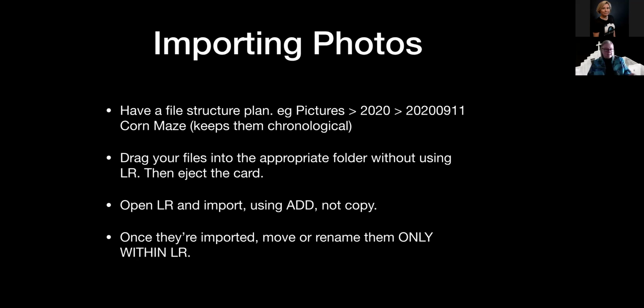It might be a corn maze, it might be a calla lily, it might be a wedding, it might be a birthday, whatever. Putting it in year, month, date helps Lightroom keep them organized in chronological order, so it's just easier to find what you're looking for. You drag your files into the appropriate folder without using Lightroom. Now, there's more than one way to do this.